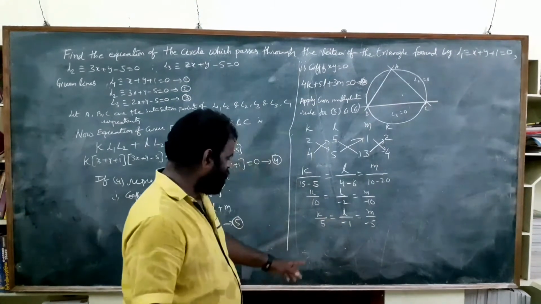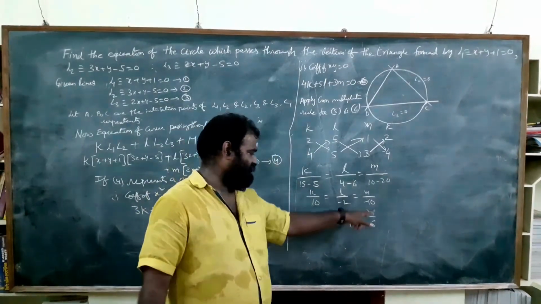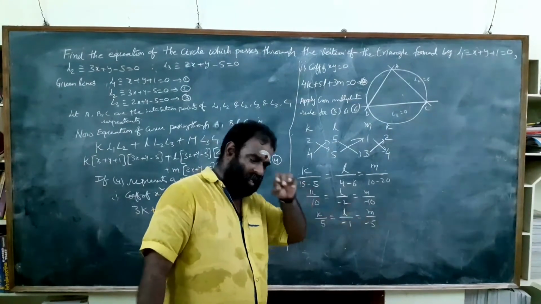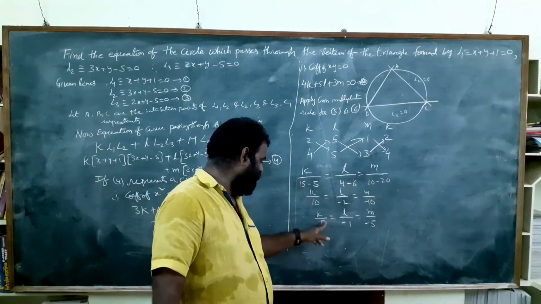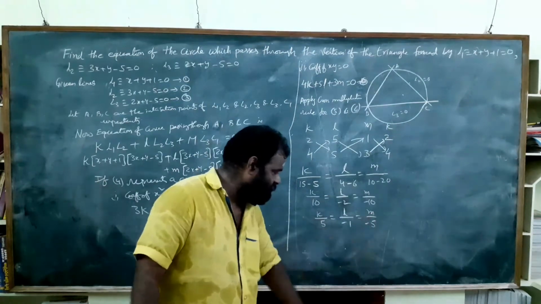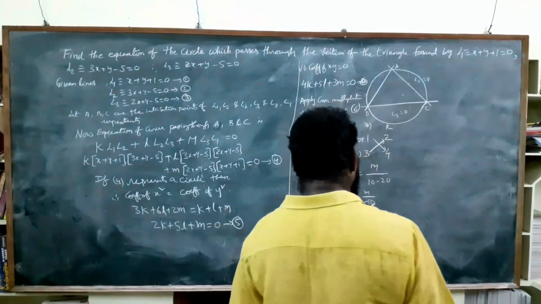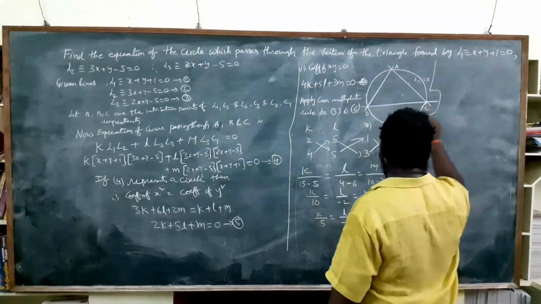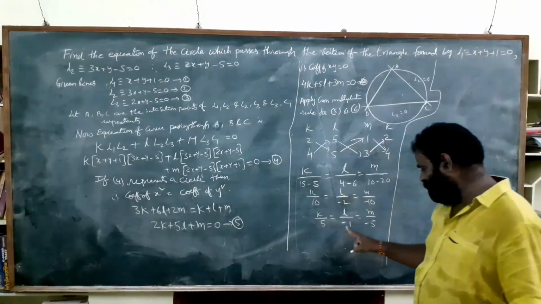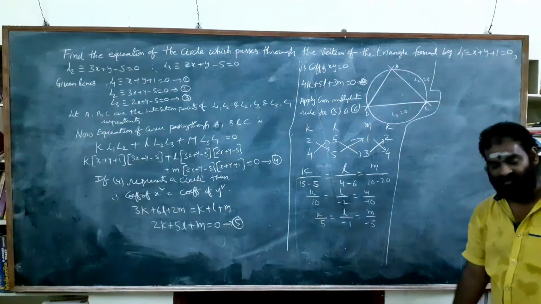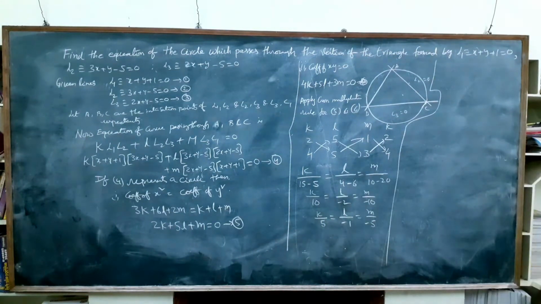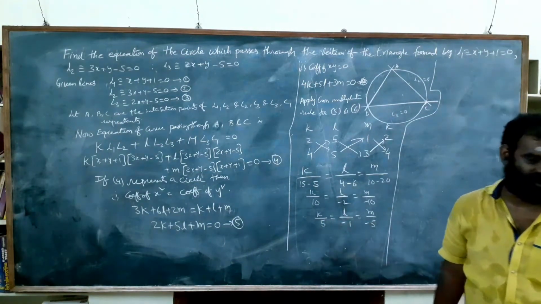Understand or not? All are cancelled. So we divide all the values with 2. So 5, minus 1 and 10 by 2 nothing but minus 5. Now, so we get k value as 5, l value as minus 1 and m value as minus 5 because they are all in proportion.